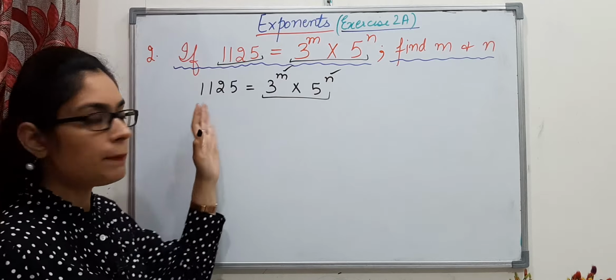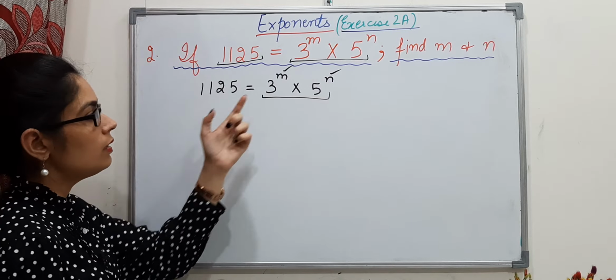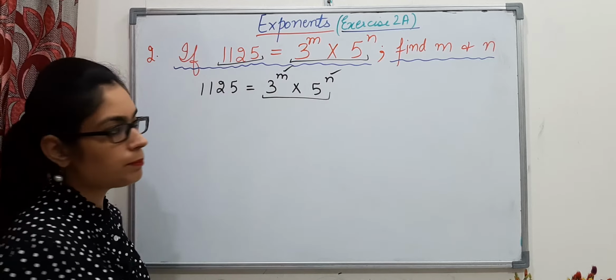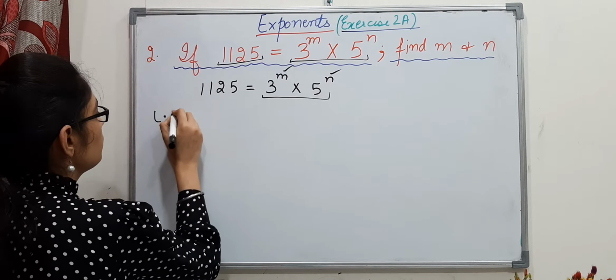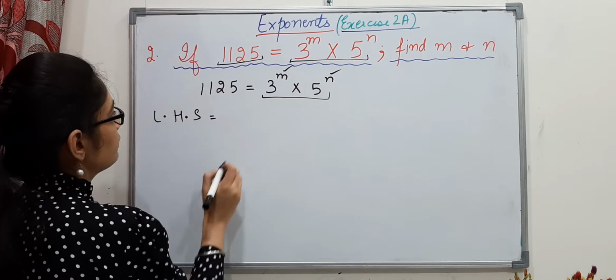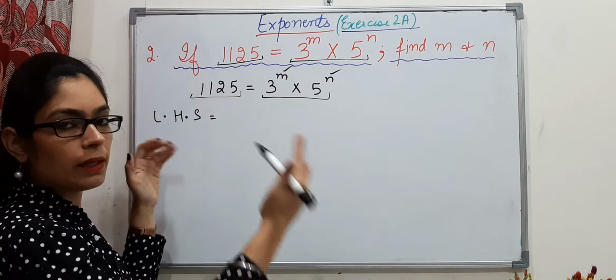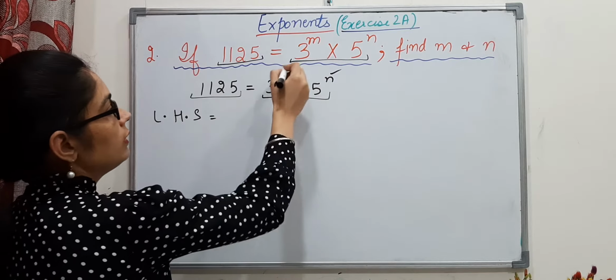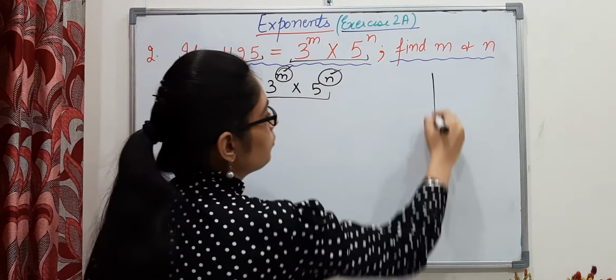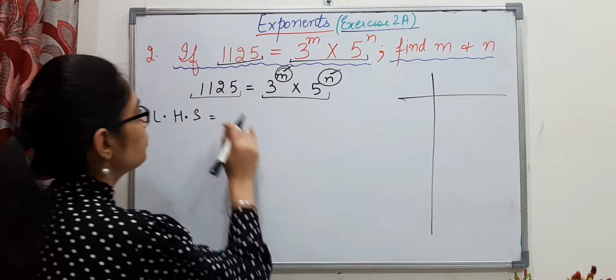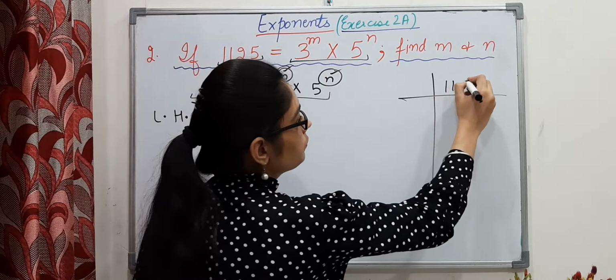So let's make the factors and we will see what the power m and the power n are. Here we will write the left hand side, because this is our left hand side and this is our right hand side. We have to compare both of these to calculate these values. So let's first find the exponential form of this number.